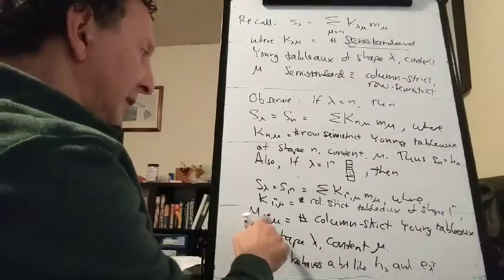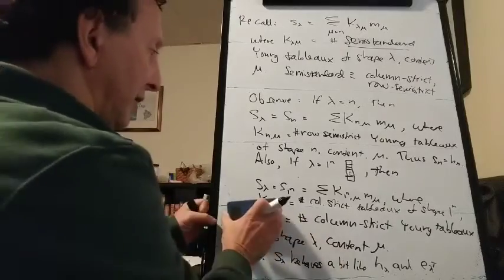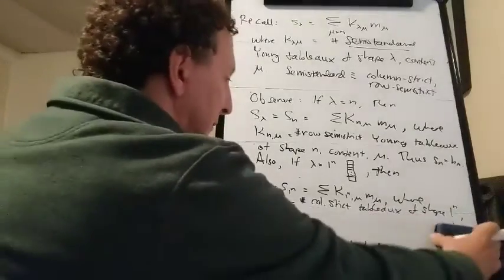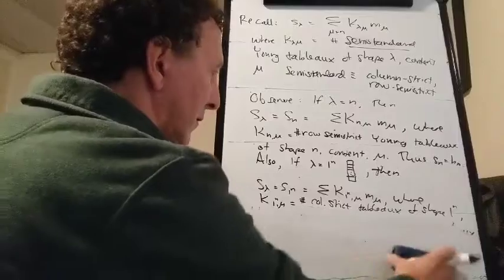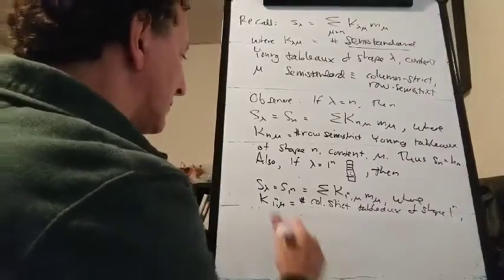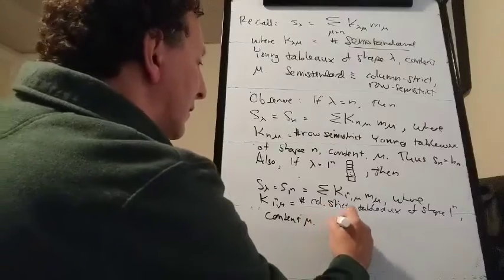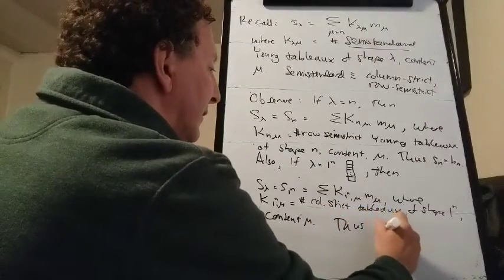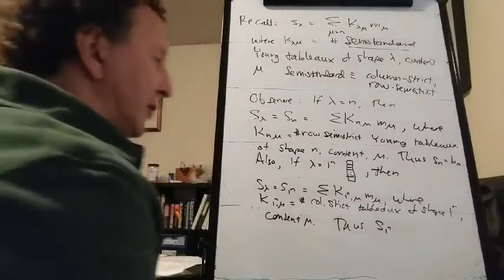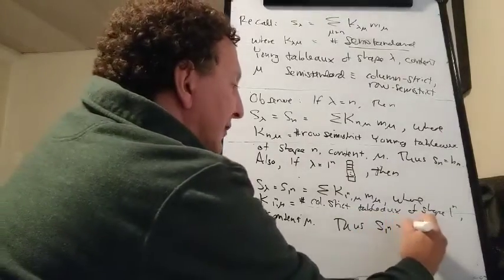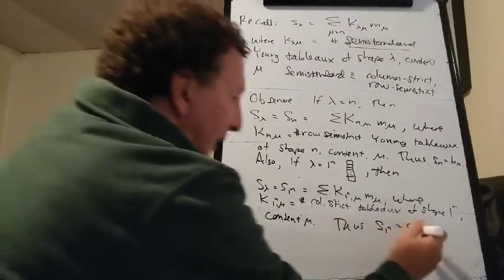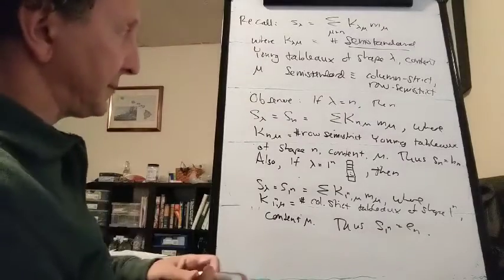But that's exactly what elementary symmetric functions are. So that means that the Schur function indexed by 1 to the n is just the nth elementary symmetric function.